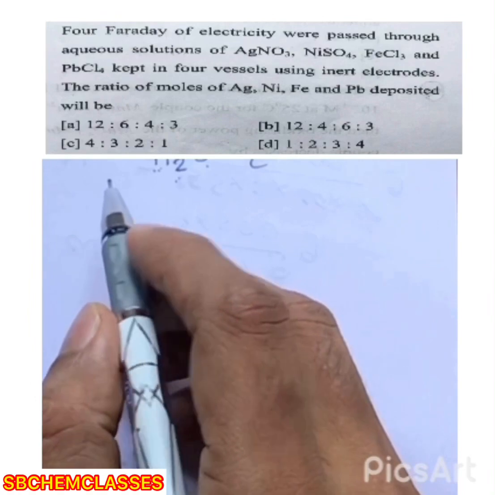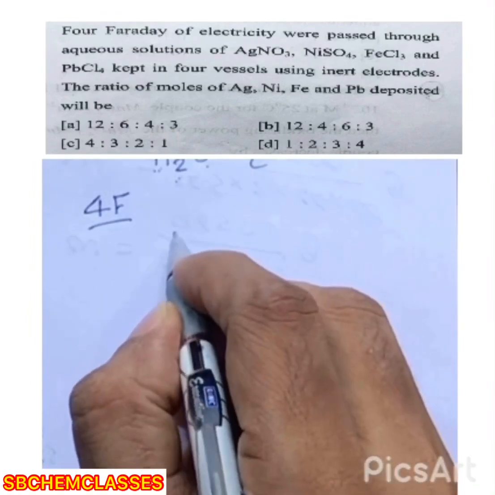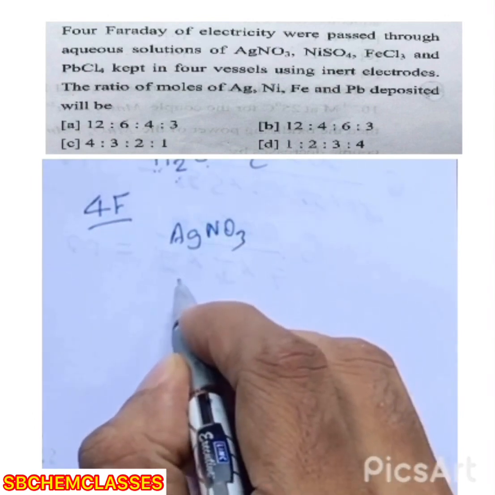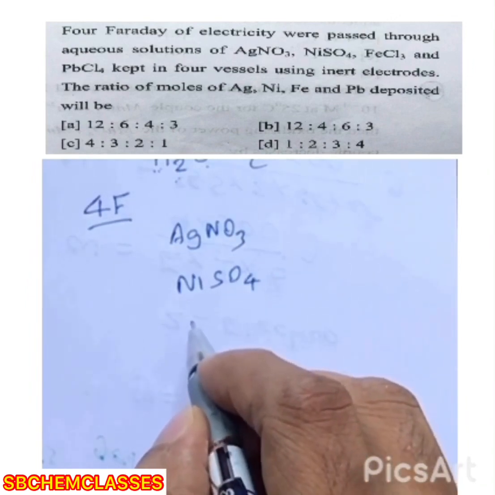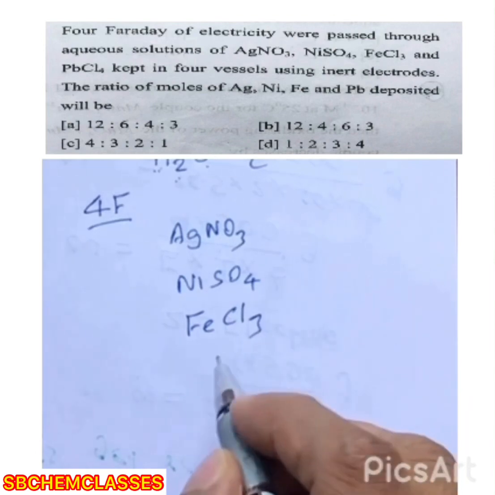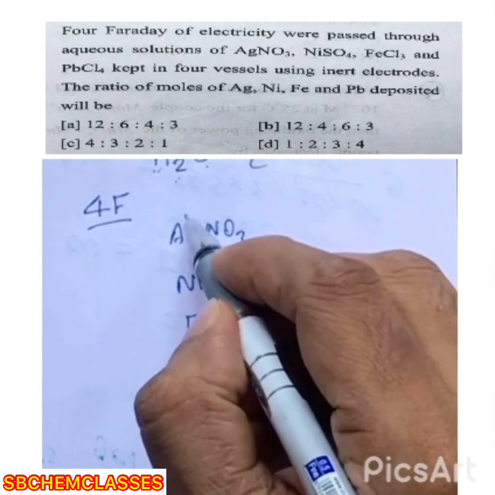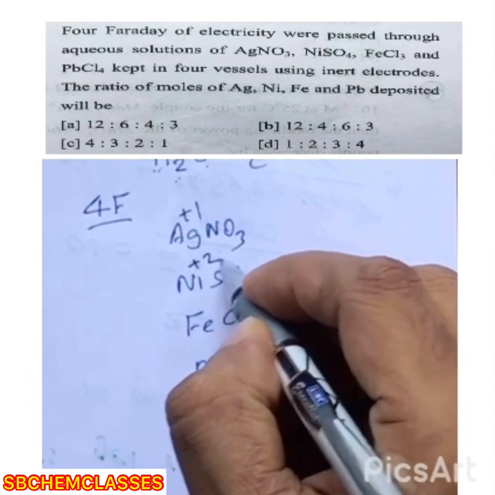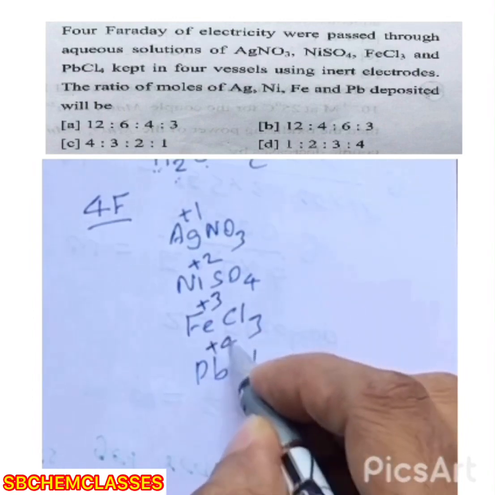Here 4 Faraday electricity is passed to AgNO3, NiSO4, FeCl3 and PbCl4. In AgNO3, Ag has plus 1 charge, nickel plus 2, Fe plus 3, Pb plus 4.